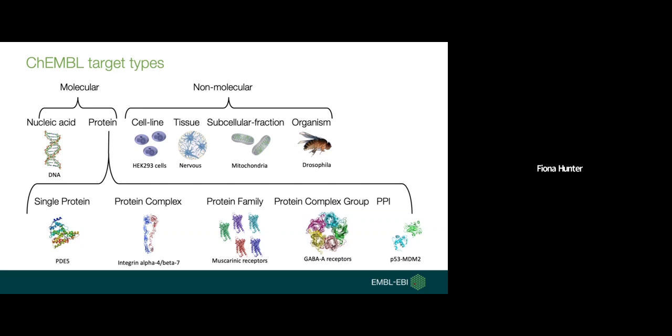Now that's detail about proteins. ChEMBL also considers other targets, so nucleic acids, but equally non-molecular targets. So a target could be a cell line or a tissue or a subcellular fraction or indeed a whole organism, and each of those would be recorded as the target within ChEMBL.